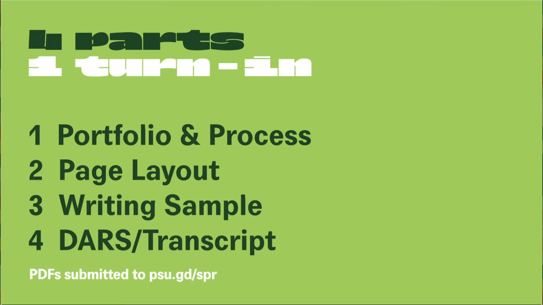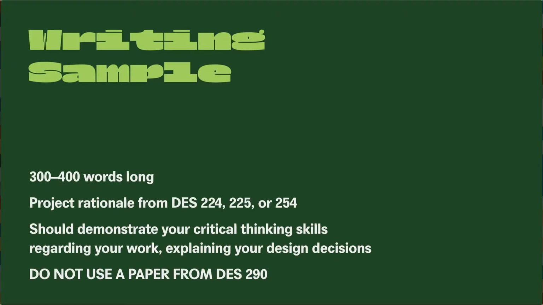So I mentioned we were going to talk some more about the writing sample. So here's some information about just that. Your writing samples this time around, we want them to be about 300 to 400 words long. That's pretty short. You can use a piece of software like Apple Pages or Microsoft Word to count how many words are in your document if you're a little unsure.